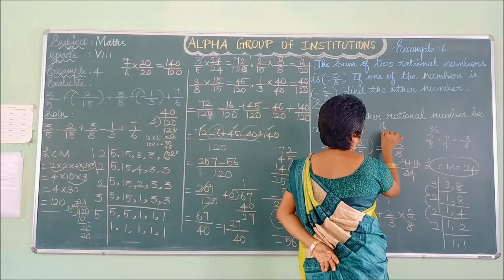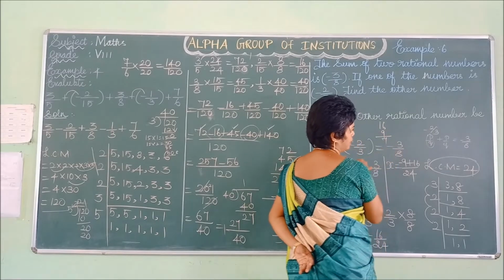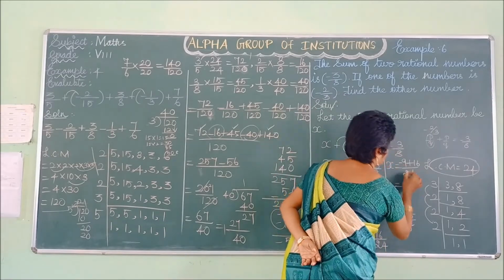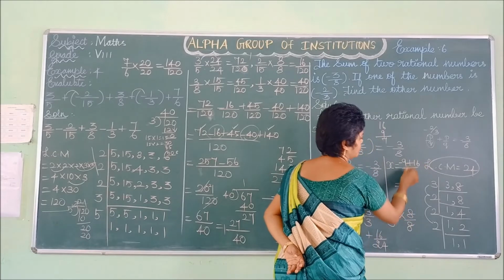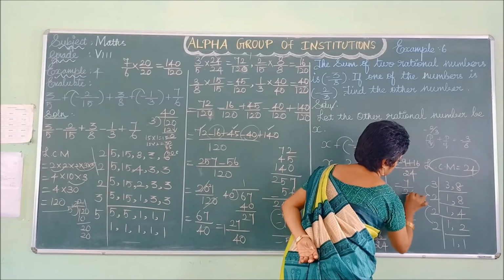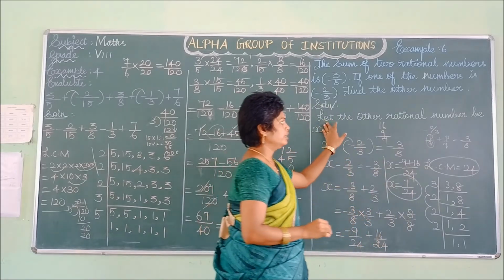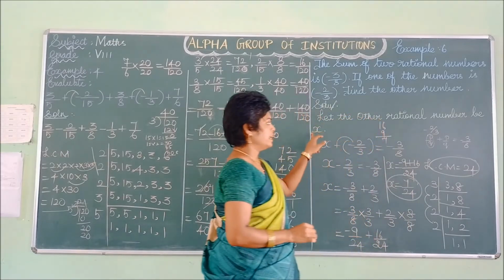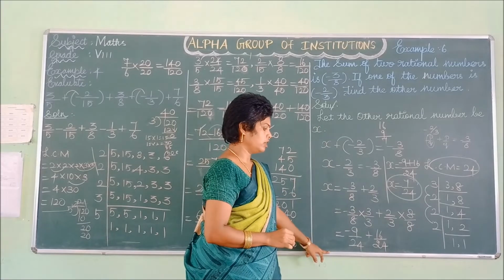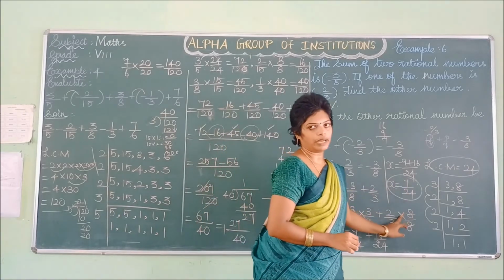So 16 minus 9 is what? Answer is 7. Here this is the positive value, the biggest value, so use the positive symbol. Our x value is 7 by 24. So let the other rational number be x, so you can write at last the other number is 7 by 24.